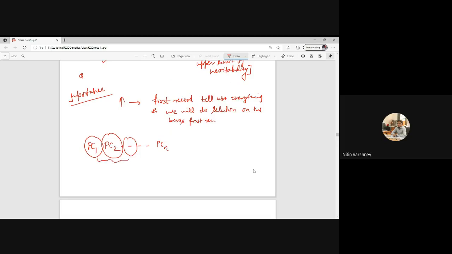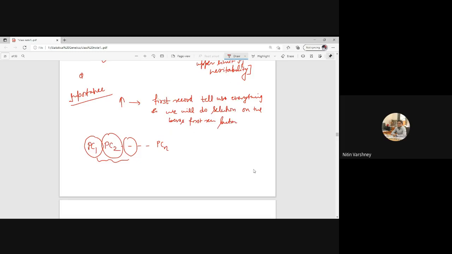Just like this, we can say that a few early records will tell everything regarding our data. Suppose lactation yield: a few earlier records will tell what the trend of the lactation yield is, or of a particular area.